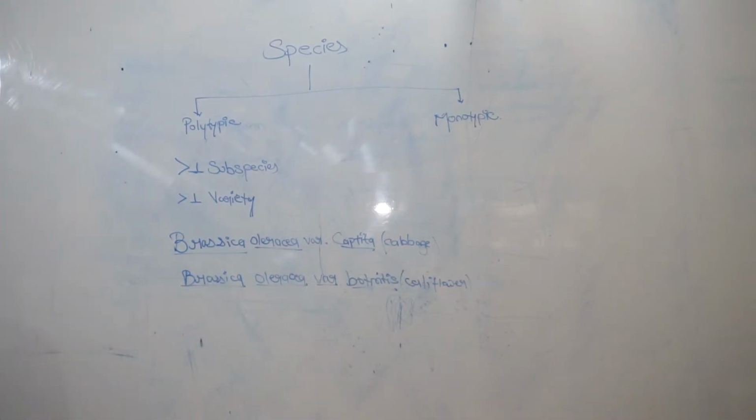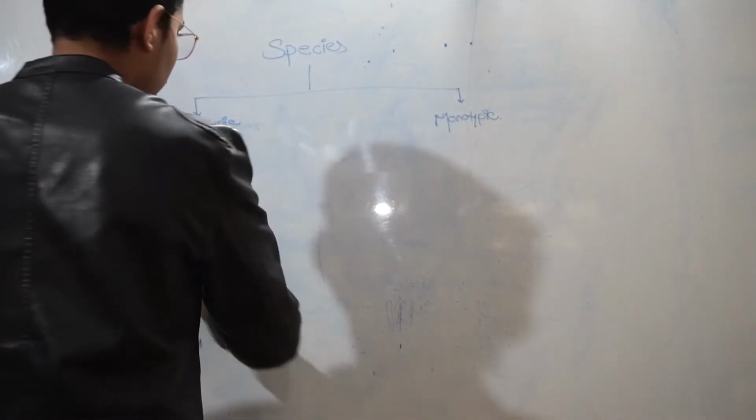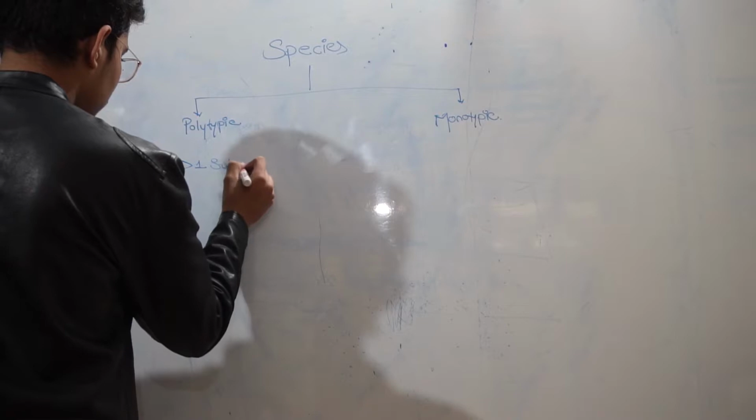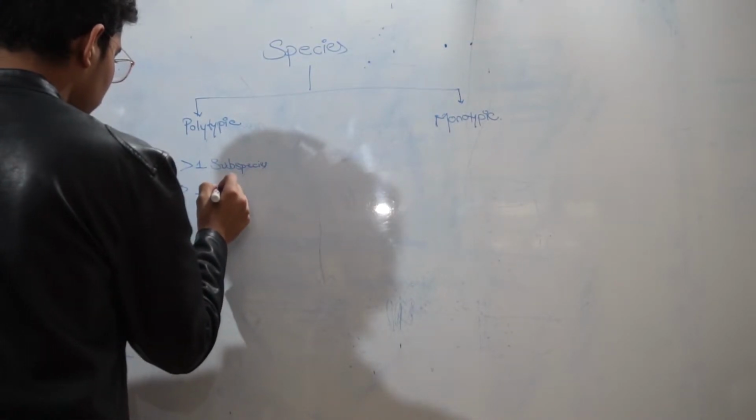Now dealing with monotypic. In polytypic there is more than one subspecies, more than one variety.